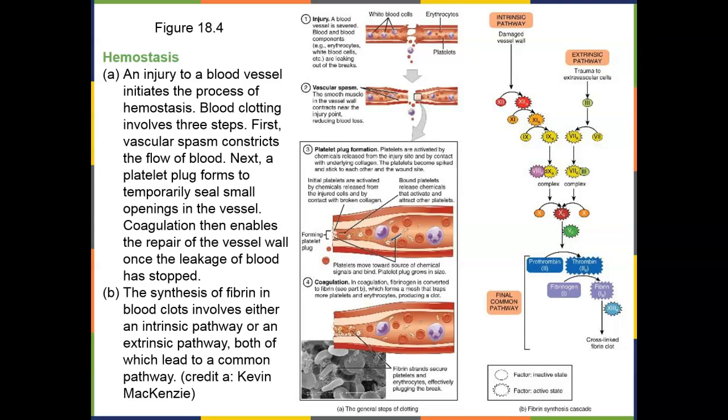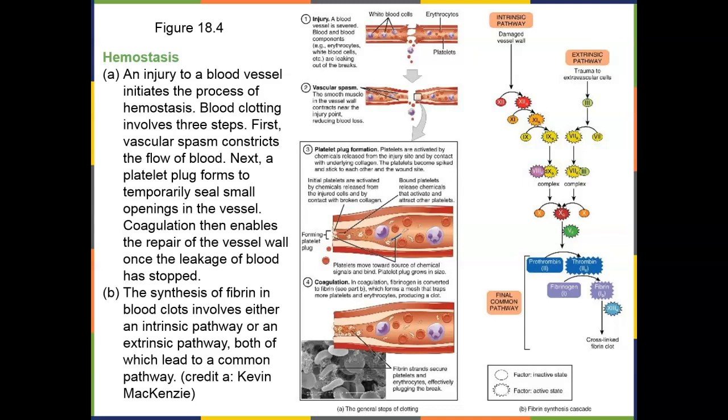So this is a positive feedback. The more platelets that attach, the more platelets that are going to come. The more chemicals are released, the more platelets are stimulated to move to that site until we have a platelet plug. So from there, we have coagulation occur.